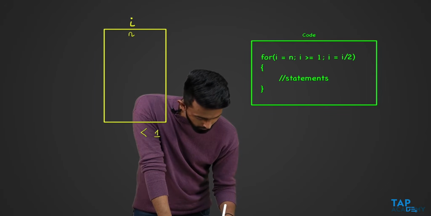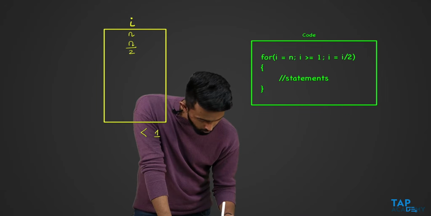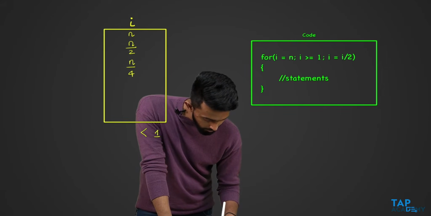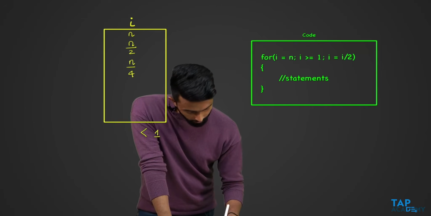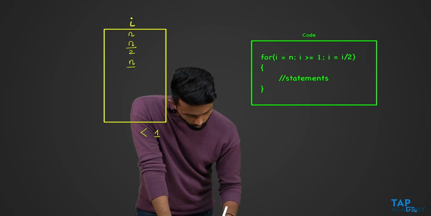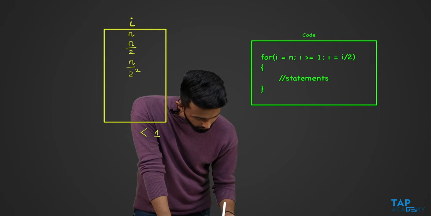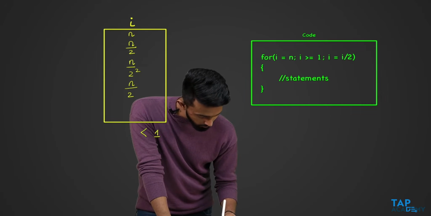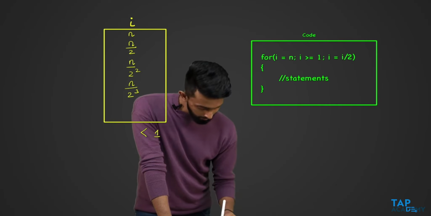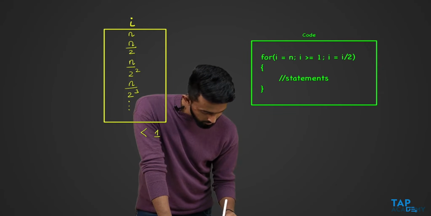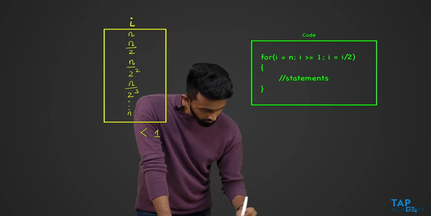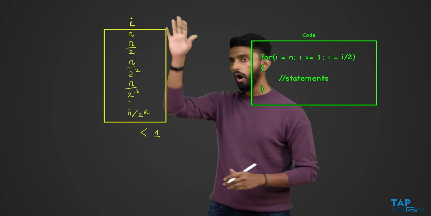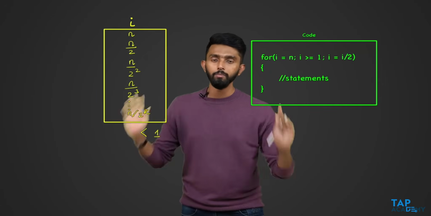Second time the value of I is going to be n divided by 2. Next time the value of I is going to become n divided by 4. Would it be fair for me to say I can write it like this also? Next time, would it be fair for me to say that I value will be this? Like that, don't you think I can generalize and say that it will become n divided by 2 to the power k, because we do not know how many times, but we know k times.